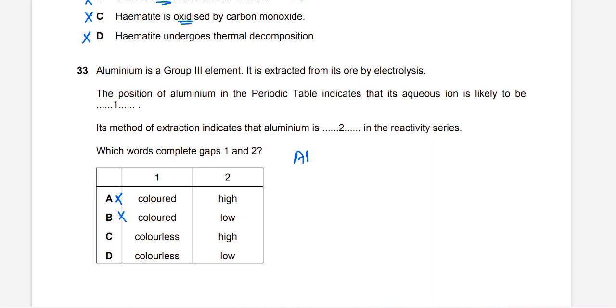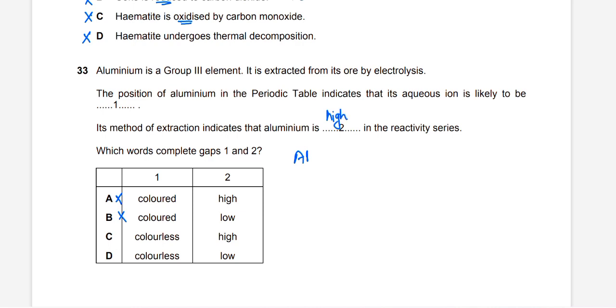Its method of extraction indicates that aluminium is high or low in the reactivity series. It's higher in the reactivity series. That's why it is not reduced by carbon or hydrogen. Aluminium is extracted by electrolysis because in the reactivity series it's at a very high position.